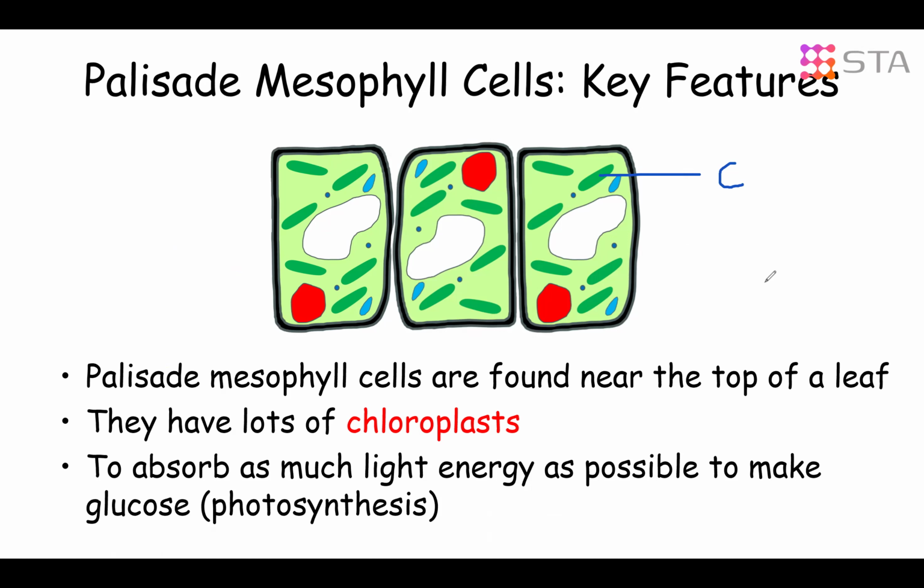That light energy helps make glucose, which is a sugar, in a reaction called photosynthesis. Okay, so these are cells in a leaf that absorb lots of light and make lots of sugar in photosynthesis. So they're little sugar making factories inside leaves.